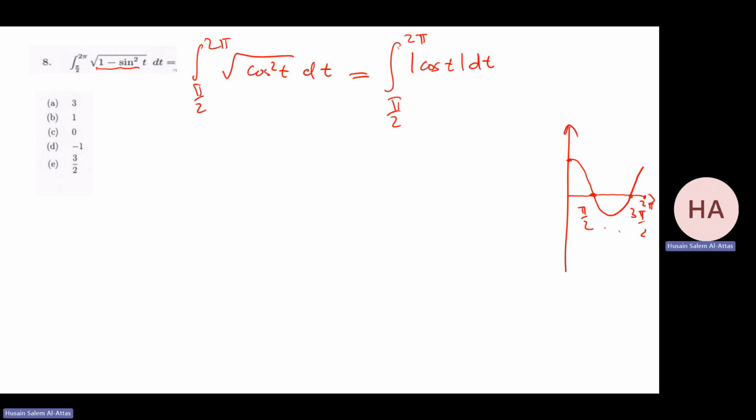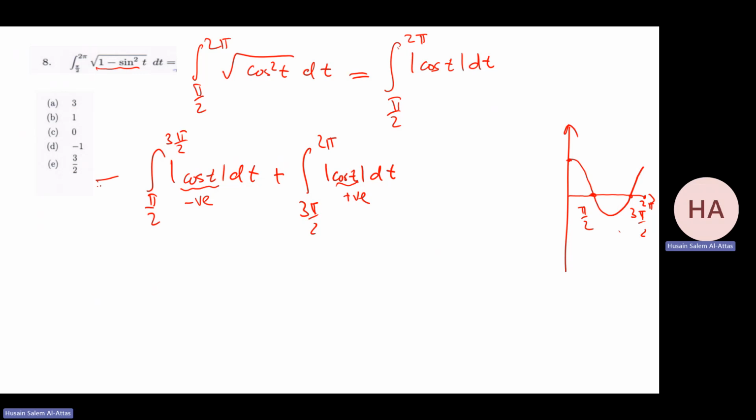So I split it into pi over 2 to 3 pi over 2, absolute value of cosine t dt, plus from 3 pi over 2 to 2 pi, because there's a change in sign. Because of that, I use 3 pi over 2. Between pi over 2 and 3 pi over 2 this will be negative, and here that will be positive.